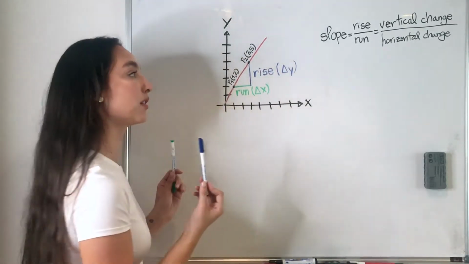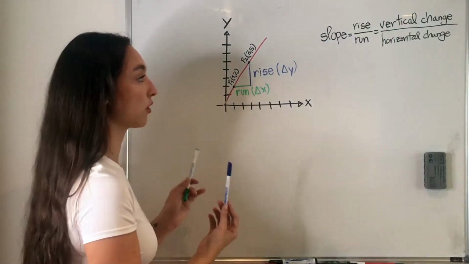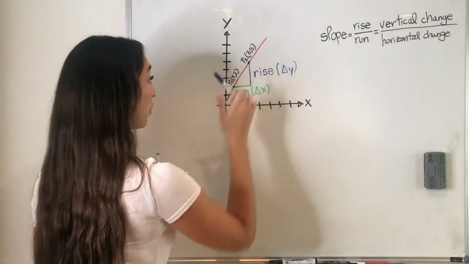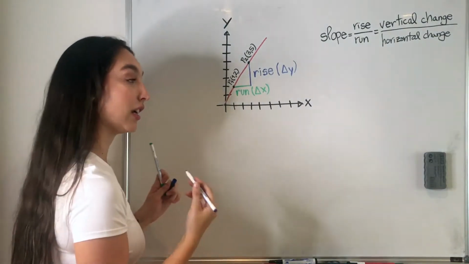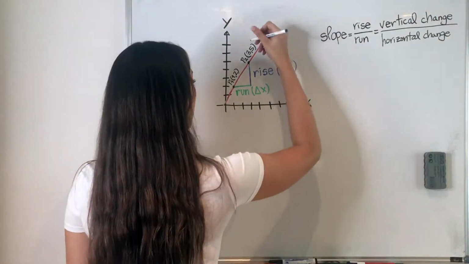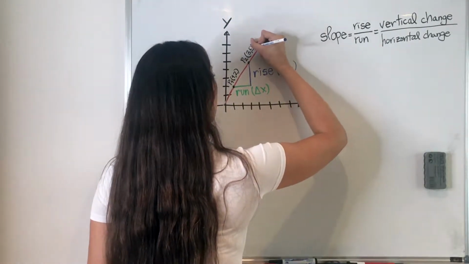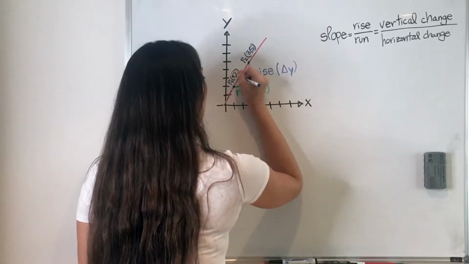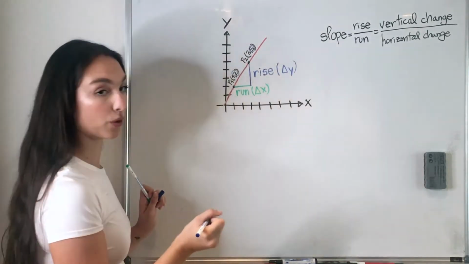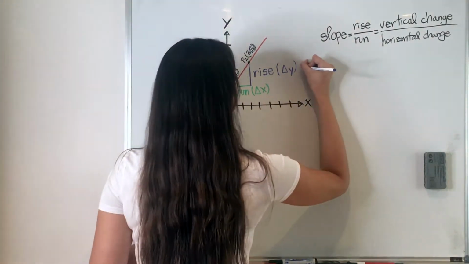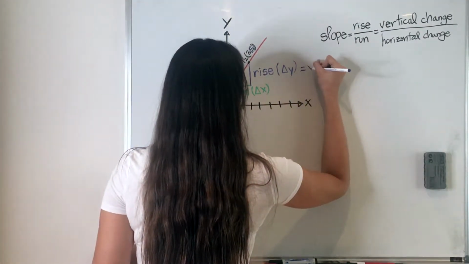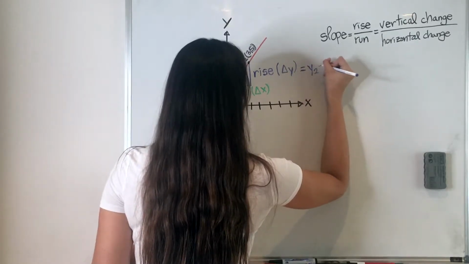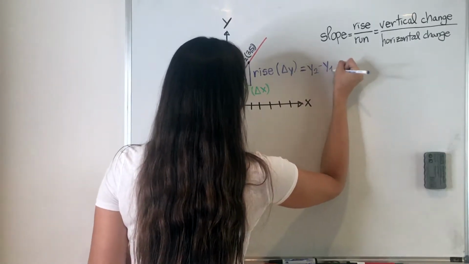The rise is the vertical change, the vertical variation from these 2 points, which means it is actually the difference between the y coordinates of the 2 points. 5 for our point number 2 and 2 for our point number 1. So it is actually y2 minus y1.